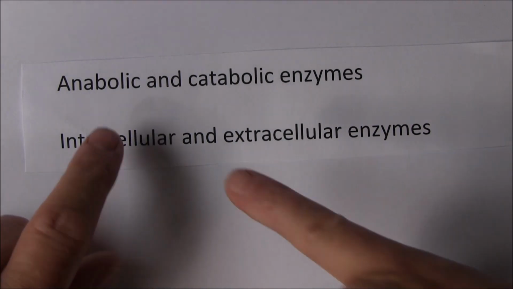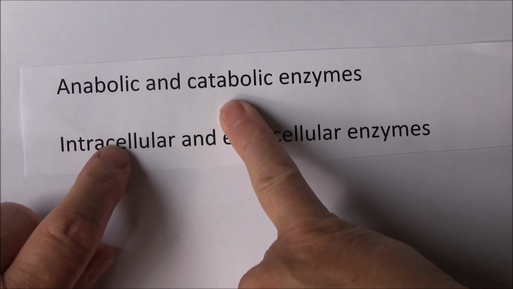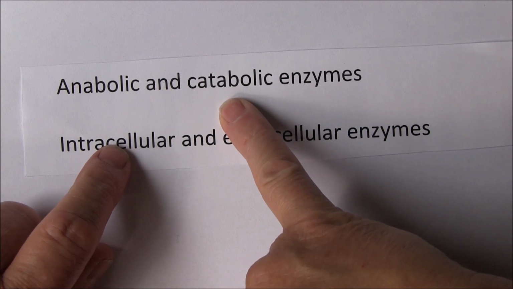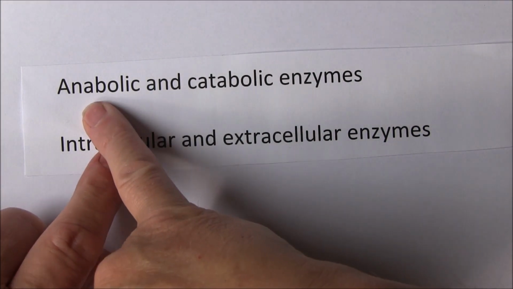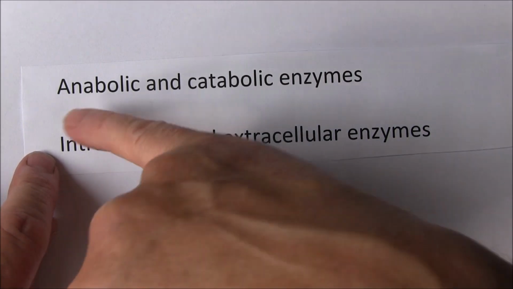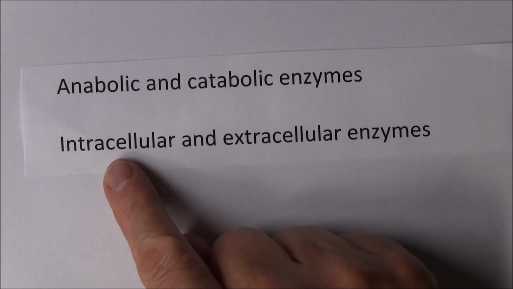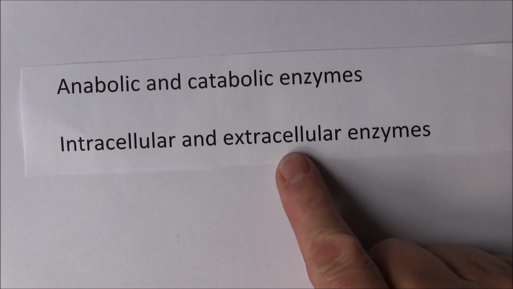Well, the answer is they're going to be catabolic, because a catabolic reaction is breaking large molecules down into smaller molecules, whereas an anabolic reaction is going to build smaller molecules up into a bigger molecule, such as synthesizing a protein. And this is interesting because enzymes can be intracellular or extracellular.